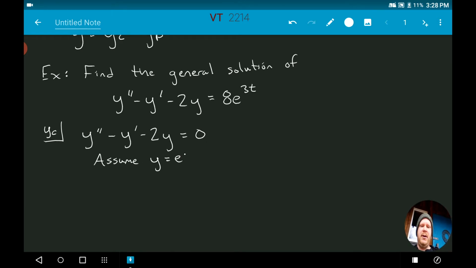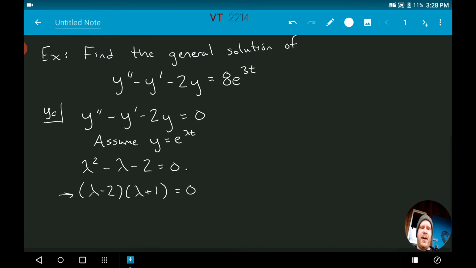Assume y is equal to e to the lambda t. That gives us lambda squared minus lambda minus 2 is equal to 0. And I think we can factor this one. So this is minus 2 plus 1. So we get that lambda 1 is equal to 2, and lambda 2 is equal to negative 1.